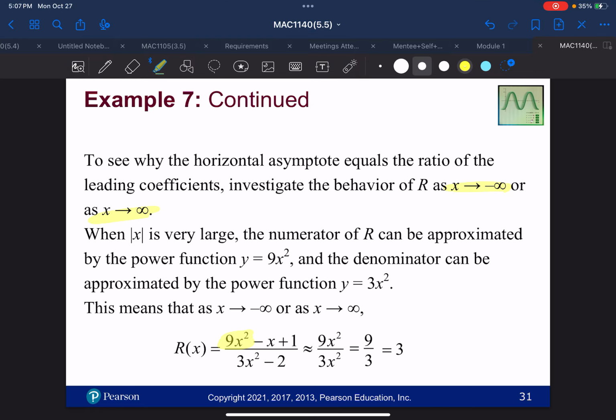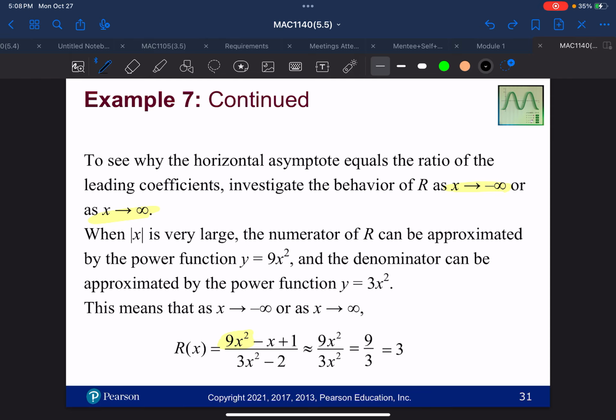So as x gets very large, and we're plugging large values in for x there, the rest of this just won't really matter. Because if I have infinity squared, that's infinity times infinity, and then I try to subtract infinity, infinity times infinity is going to be an insane number. So the rest of these small values just don't matter.